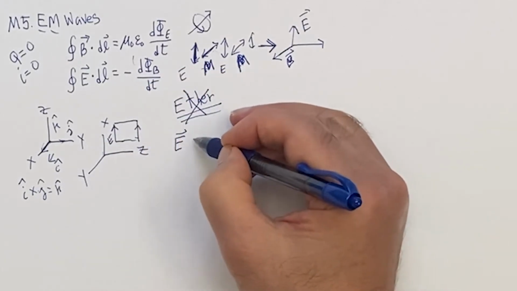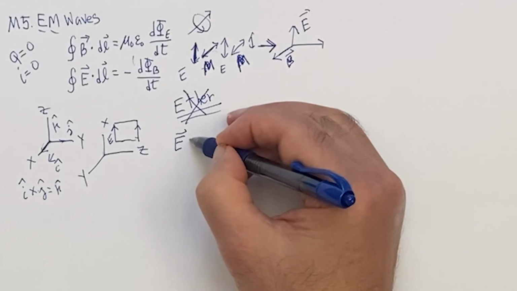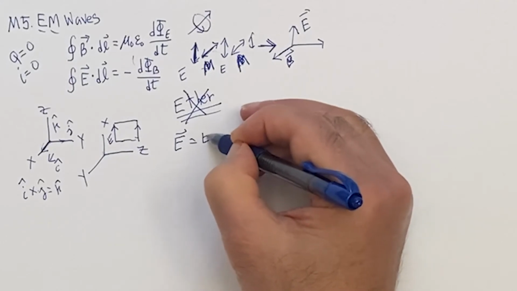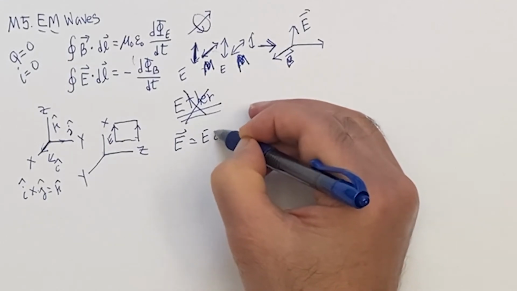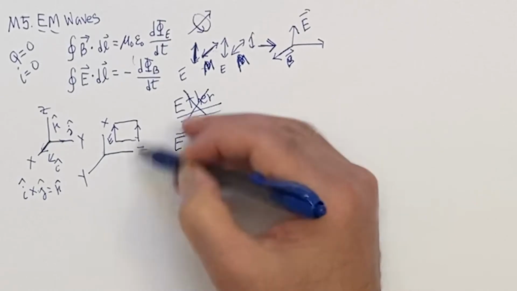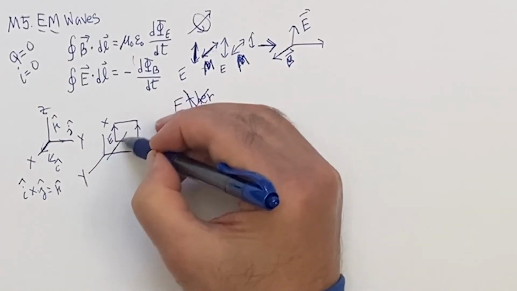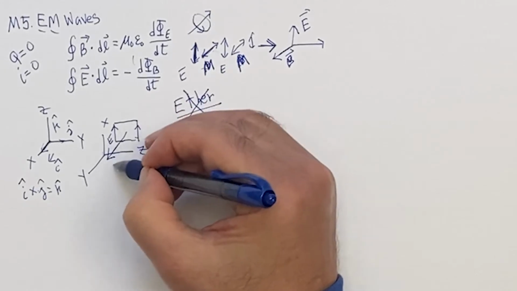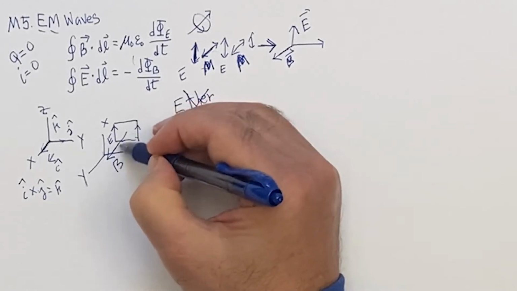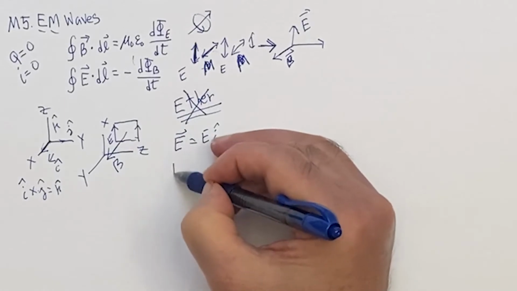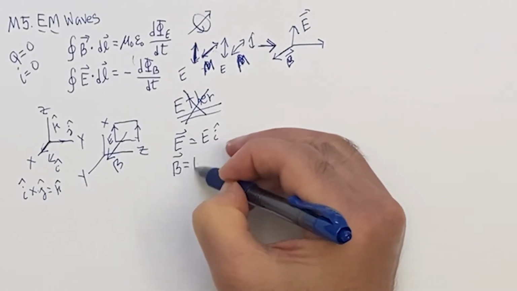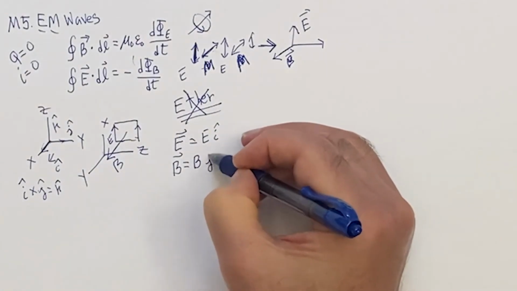So I have the electric field that is going to be like some E, and then you could say it is an i hat because it's pointing upward. And I'm going to pick the magnetic field to be this way for a specific case to analyze, because that's going to give me a flux through there. So I'm going to pick then B to be some magnetic field along the j direction.